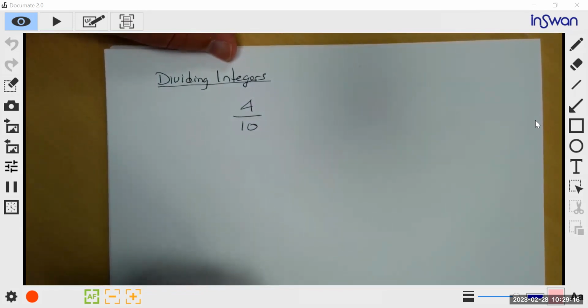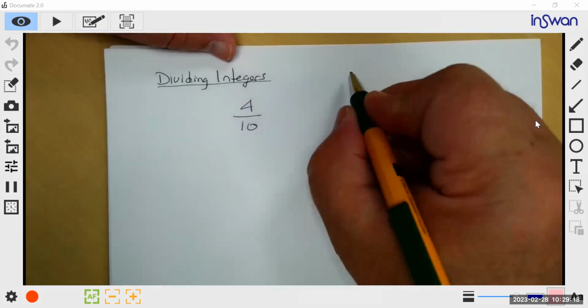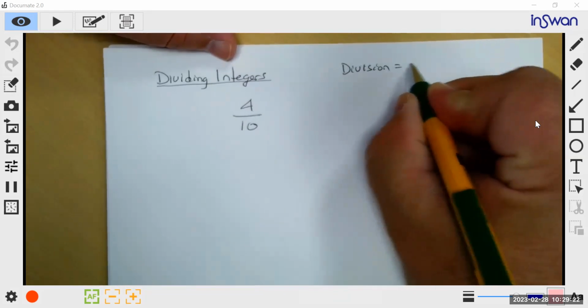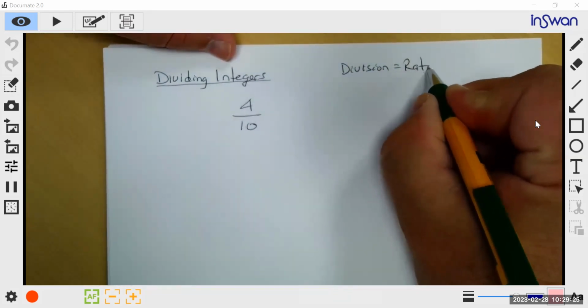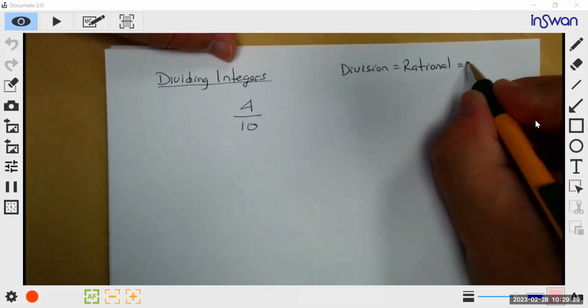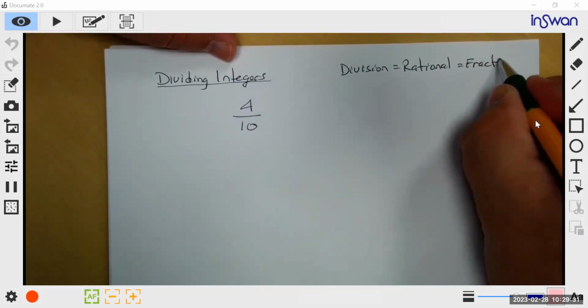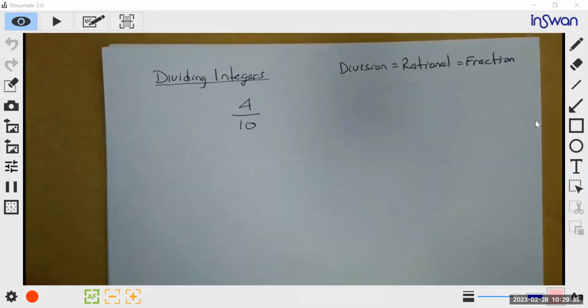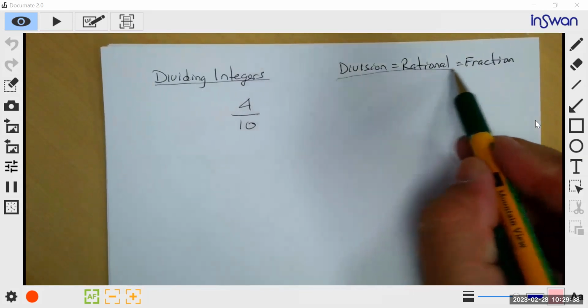And division. Division is also called a rational number, a fraction, and a couple other names, but these are the most common ones you'll see.